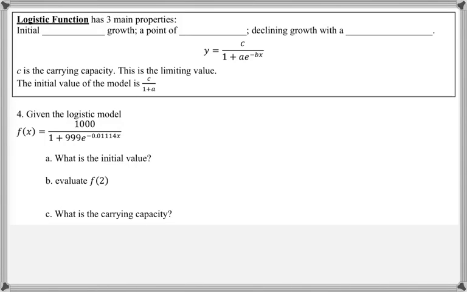So the last topic in this section is a different function called the logistic function. And the logistic functions all pretty much look the same. They look like this. There's initial rapid growth, there's a point of inflection, and there's declining growth with a limiting value.